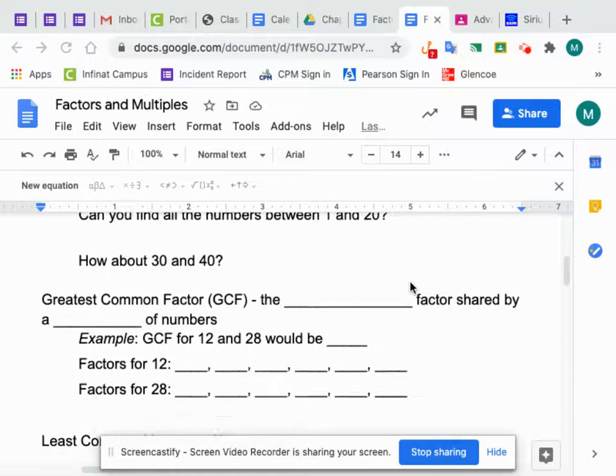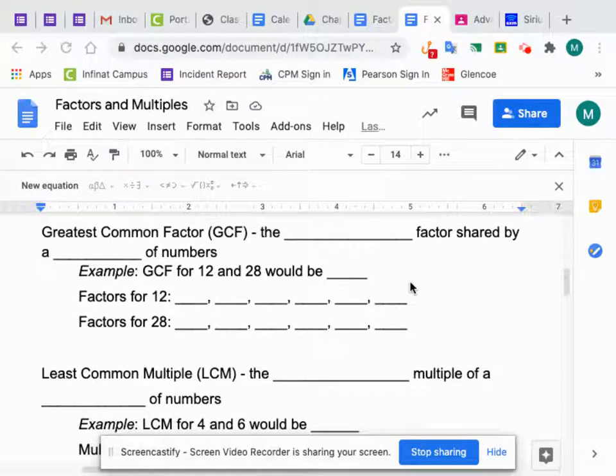If we go on to the greatest common factor, it is the largest factor shared by a group or set of numbers. So I'm going to put my answer up where it says GCF for 12 and 28.